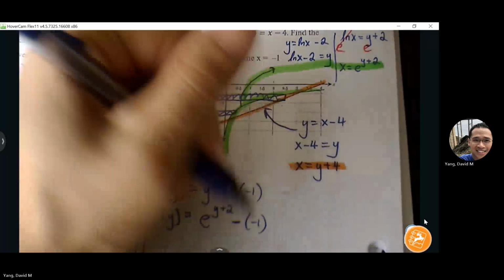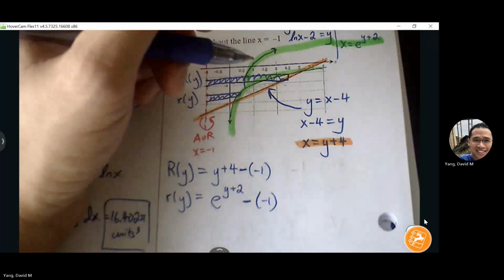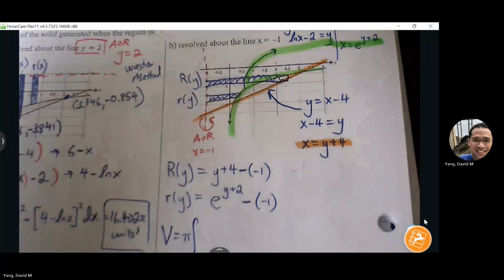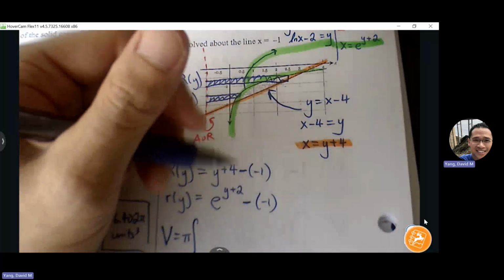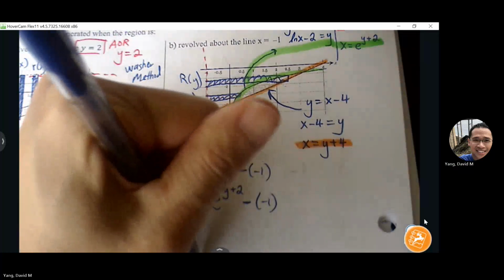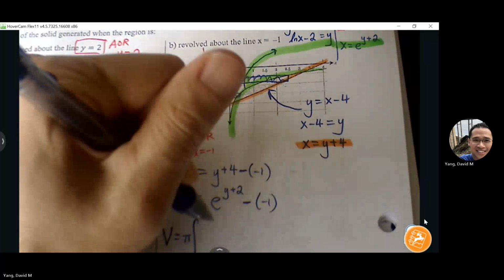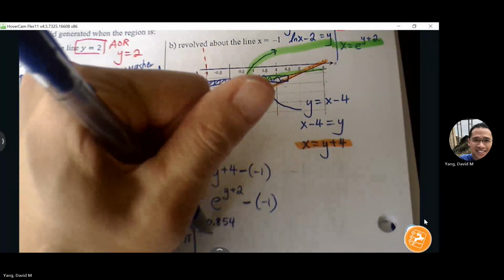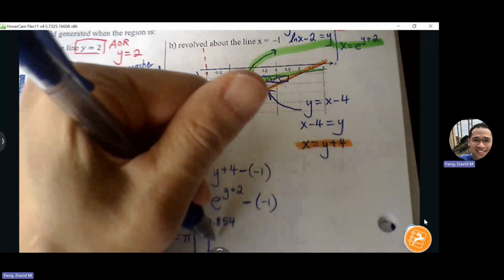Okay. Y values. I'm going to clean up my big radius and little radius.